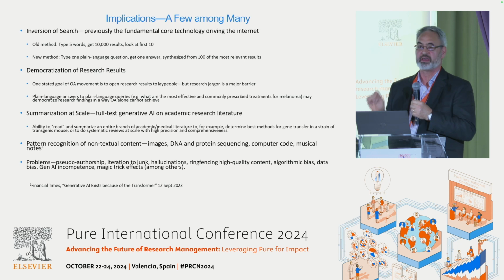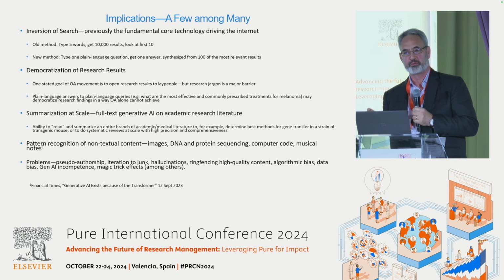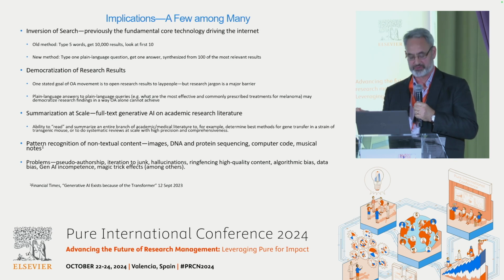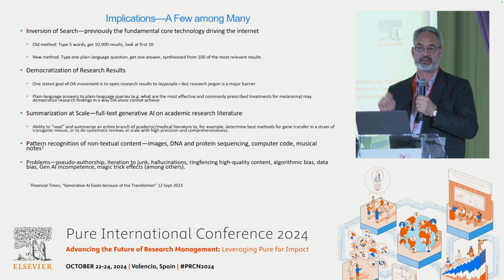Now, we tend to think of LLMs as manufacturing text, but the transformer technology that underlies LLMs and makes them possible can really be applied to any pattern recognition activity whatsoever. We can predict pixels in an image. We can predict the next amino acid bases in a DNA sequence.